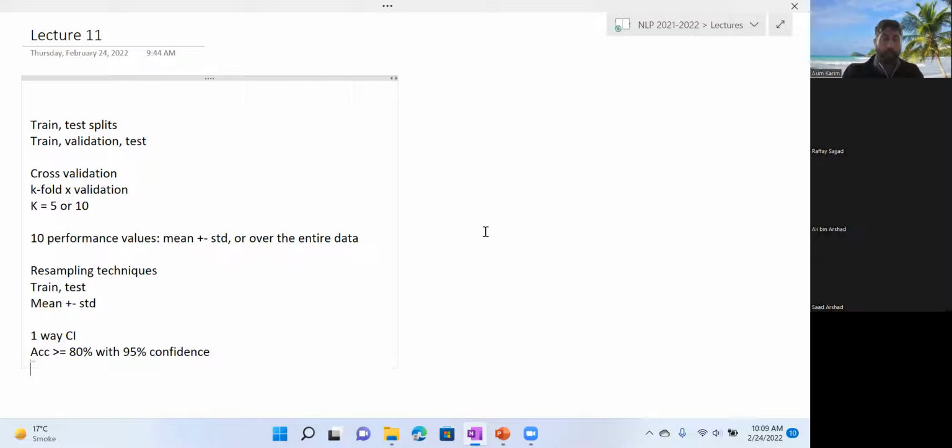The two-way would be, accuracy is between, let's say, 75 and 85 with 95% confidence. So two-way gives you the upper and lower bound, and one-way tells you how likely, with some confidence, the accuracy lies above some threshold.